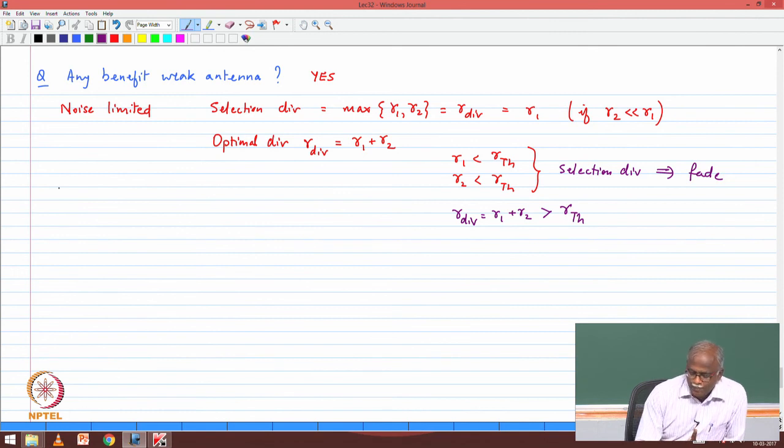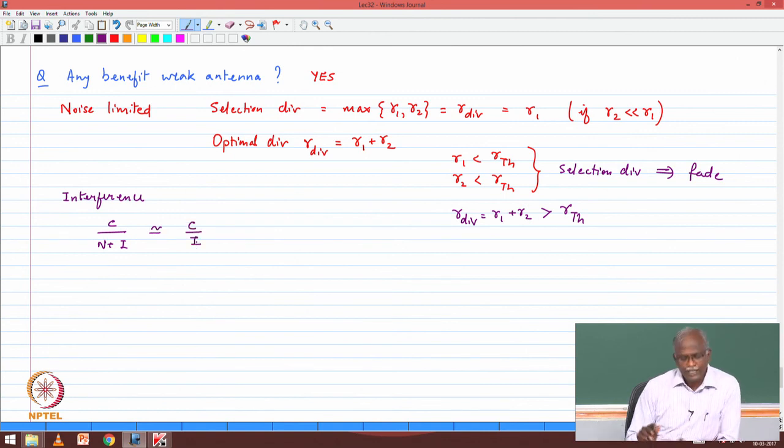So that is one aspect that we need to keep in mind. The second aspect is when you are interference limited. Interference limited means that C over N plus I, carrier to noise plus interference, is approximately C over I. That is the approximation, and then we will look at this a little bit more.